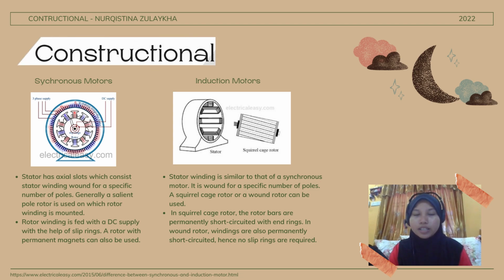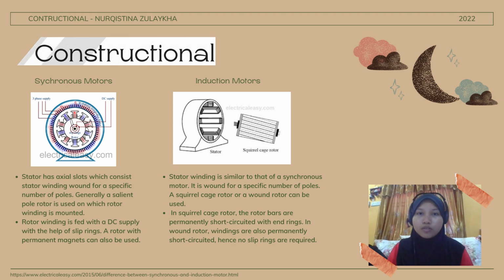What are the differences? For the induction motors, it uses a salient pole rotor, where the rotor winding is mounted. The rotor winding is fed with a DC supply, hence it needs slip rings. So how is a slip created? Slip is created basically by the difference between the rotating speed of the shaft and the speed of the motor's magnetic field.